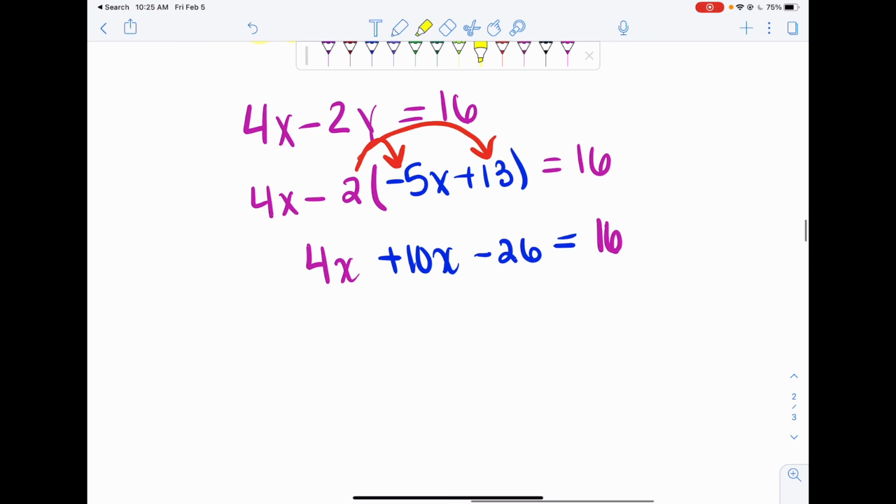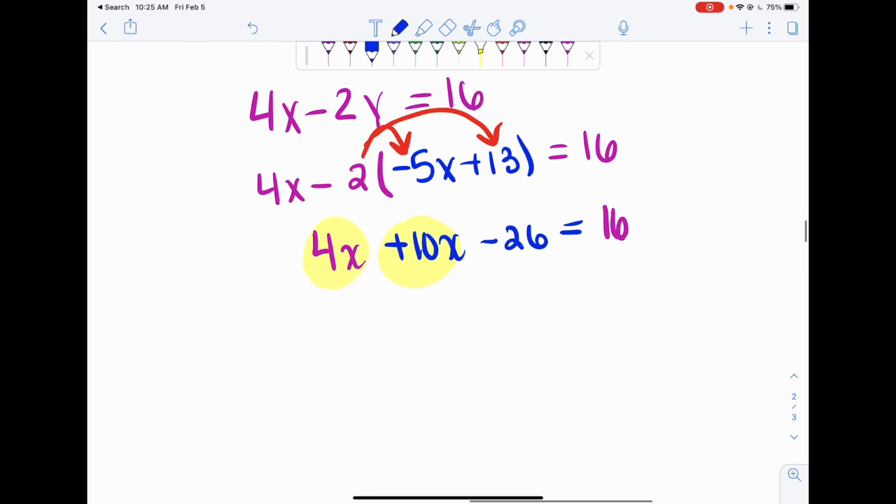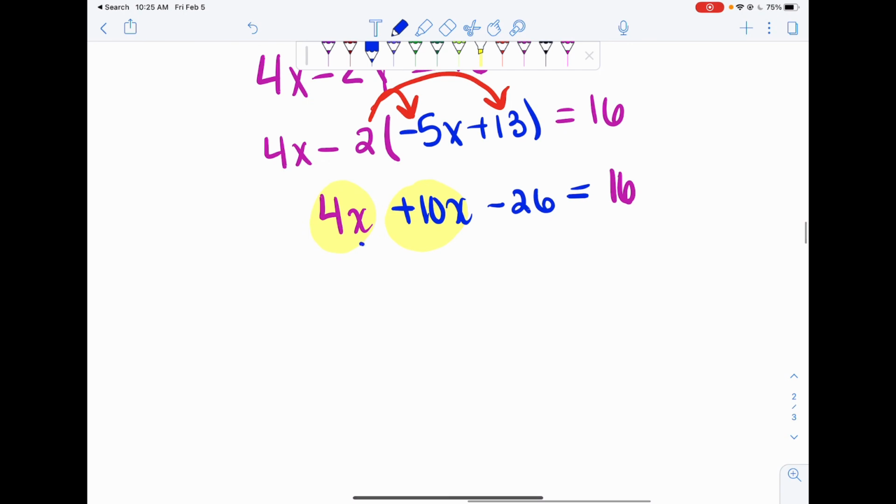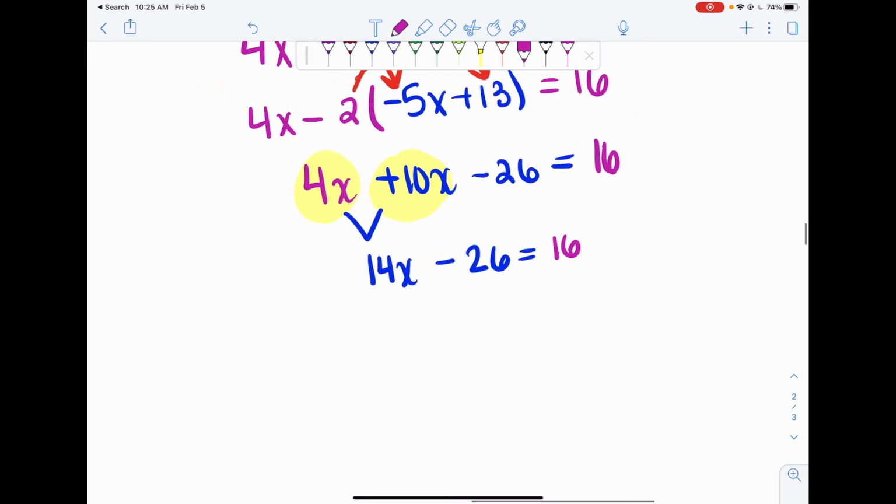I now combine my like terms of 4x and 10x. 4x and 10x is going to give me 14x, sorry. And I have 14x minus 26 equals 16. Now I have to ask myself, how do I get rid of my 26? I add 26.